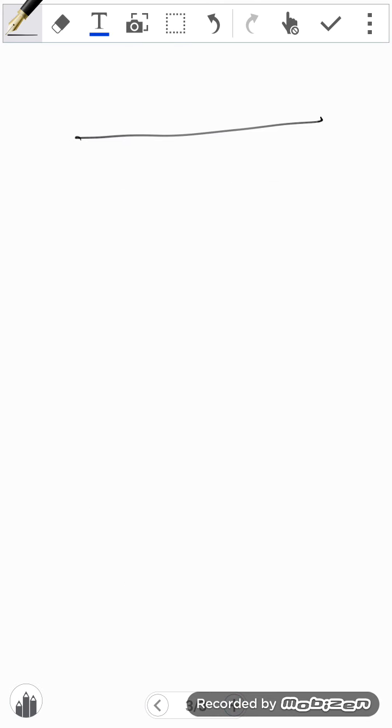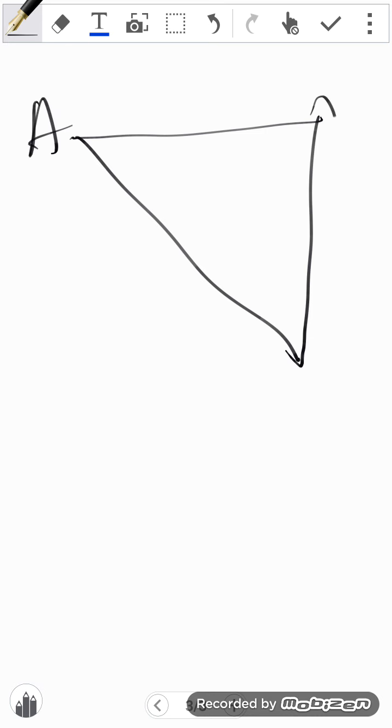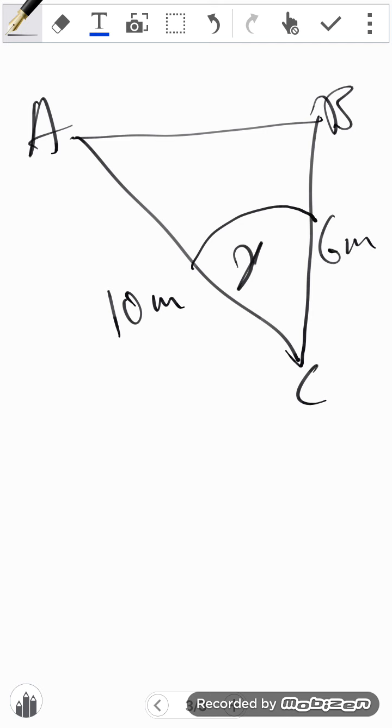The triangle can be in any format. A, B, C. Given two sides, 10 meters, 6 meters, and an angle at the middle, you're still using the cosine rule. This is what it implies when we say given two sides and an angle at the middle. You have two sides and you also have the angle, x degrees, at the middle.